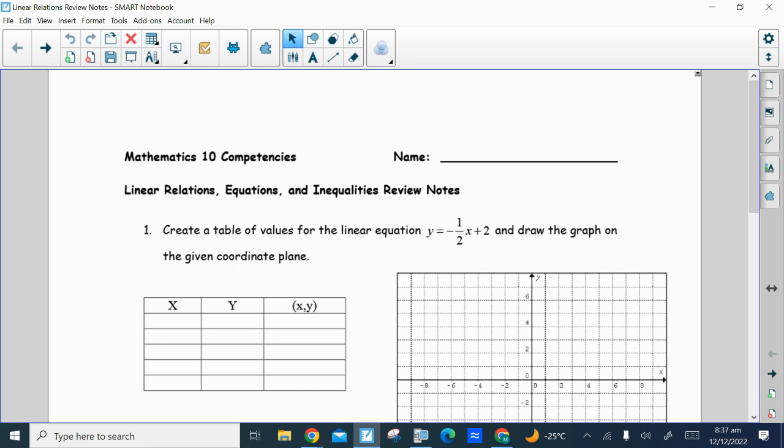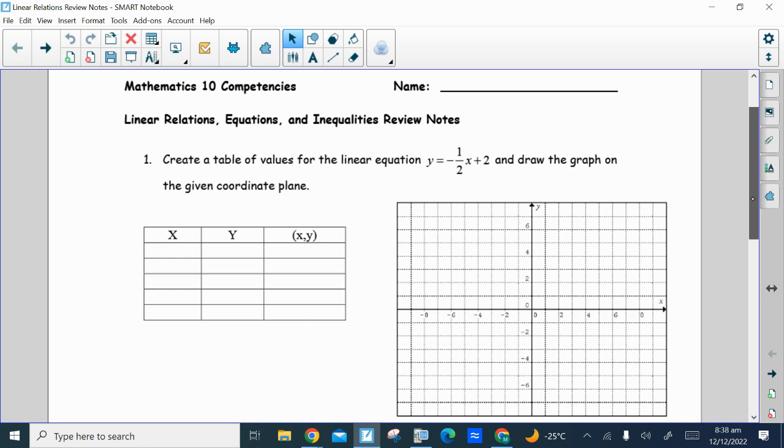So this chapter was based on linear relations, equations, and then we also did some inequalities as well. But a big part of this chapter was the fact that we were dealing with linear relations. So that means that when we looked at the graph of these relations, you got a line.